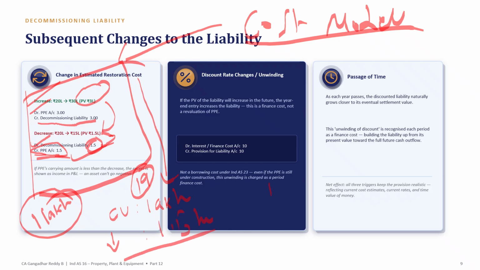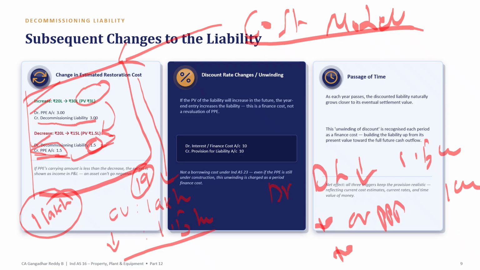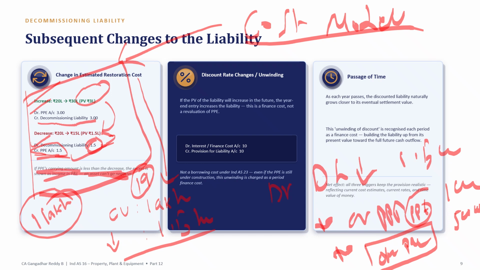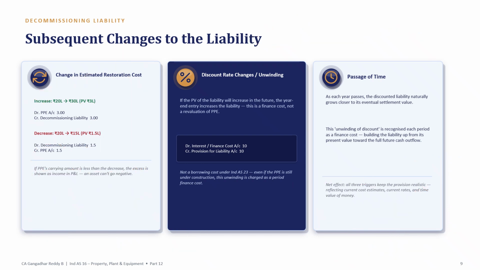So debit decommissioning liability 1.5 lakhs, credit PPE. What is the carrying value? 1 lakh or 1.5 lakhs, whichever is lower, 1 lakh only. So the PPE credit is 1 lakh. The balance amount of 50,000 is other income in the P&L account. I hope you understand. The asset cannot be negative, so you should show it as income in the P&L account. I hope you understand this adjustment also.